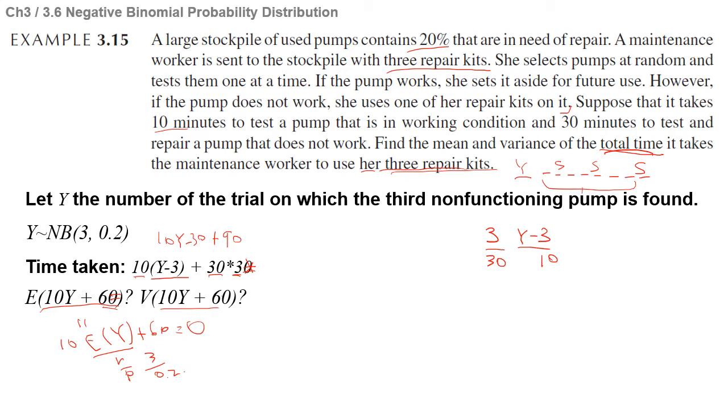For the variance, it is 100 times the variance of Y, and this variance is r q over p squared. If you plug in the numbers, you will get the solution. Try to solve this by yourself, and let's move on to the next slide.